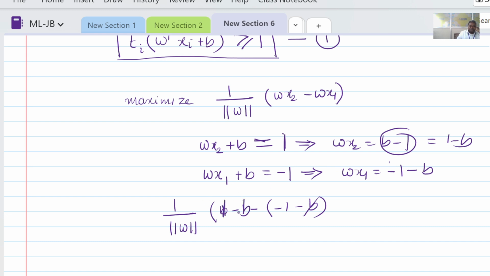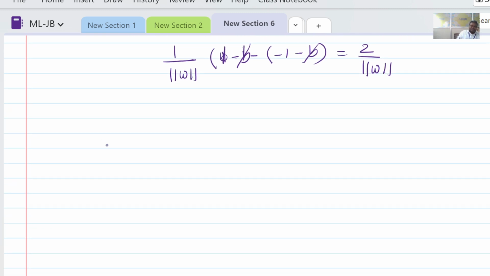So 1 minus b plus b, minus b gets cancelled, and 1 plus 1 will be 2. So 2 by magnitude of W. So the SVM problem boils down to an optimization problem where I want to maximize 2 by magnitude of W.